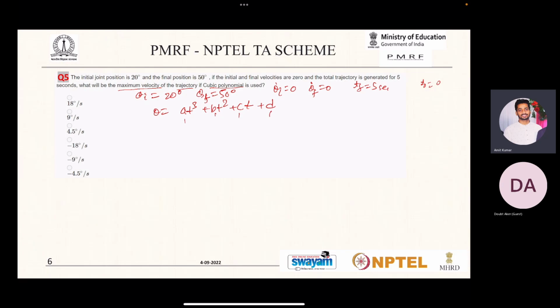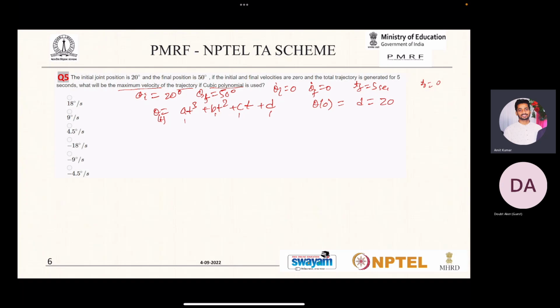And how will you do that? So let us do that. Theta of 0 is theta i, that is 20 degrees. If you put t equals 0, we'll get d, which means 20. So one coefficient you got.